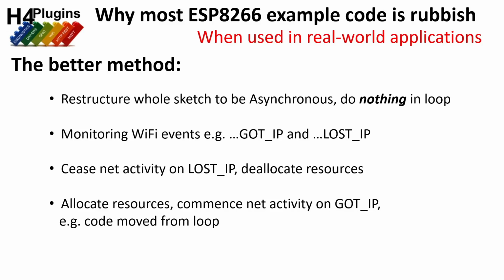Because otherwise, if, when you get the got IP, you allocate resources blindly, you're going to start running out of resources, cause a heap exhaustion, and crash the machine. So once you get the got IP, saying you've got a connection, or a reconnection, this will automatically then pick up where it went off without you needing to know or having to physically touch the device to reboot it. This will just work.